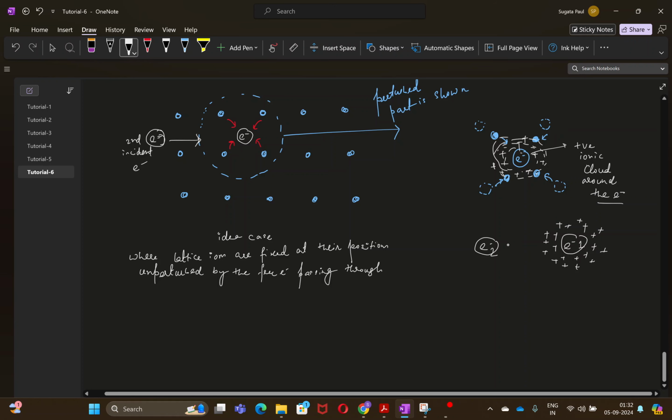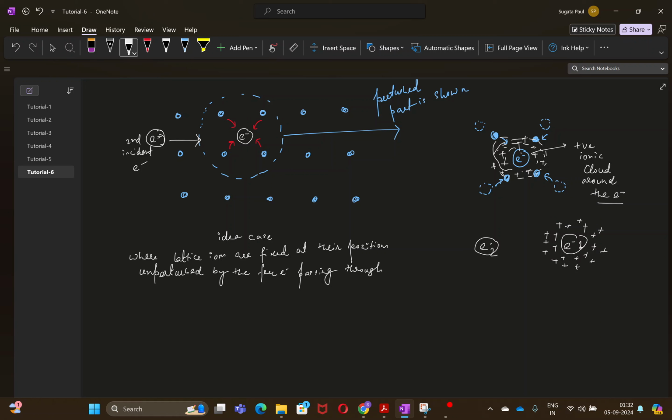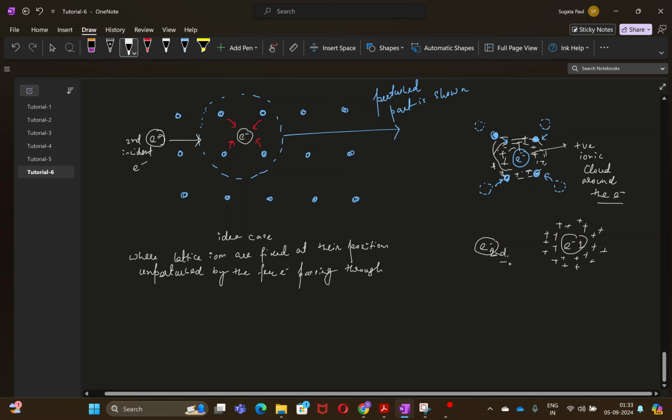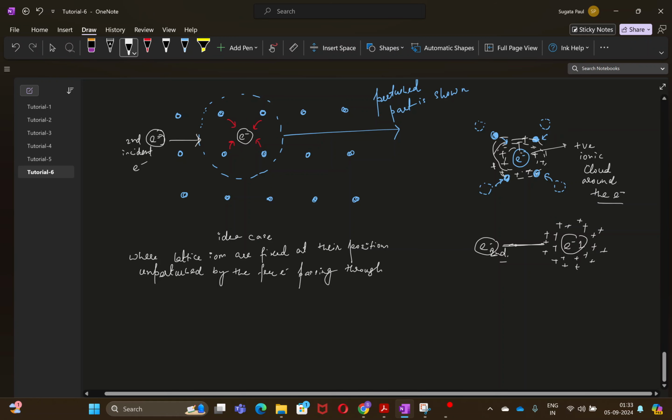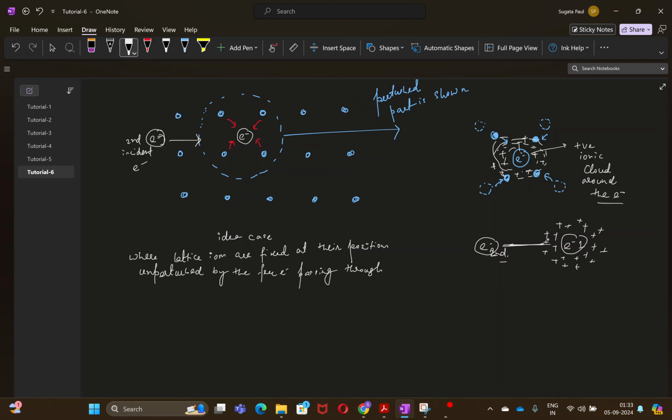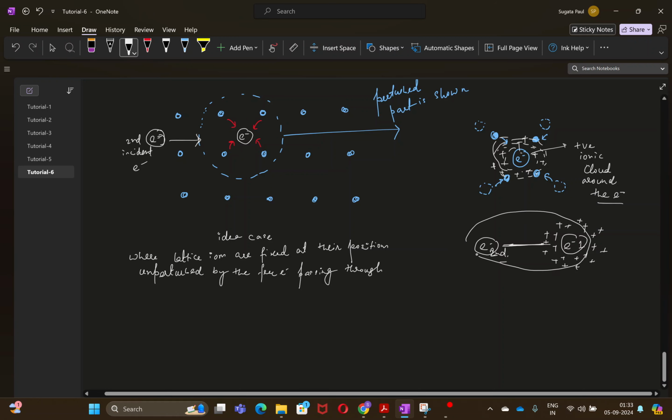Although you cannot distinguish electrons, they are identical quantum particles, for simplicity of the explanation I am writing 1 and 2. The first electron has caused the lattice disturbance by causing this positive ion cloud around it, and the second electron has just come into the picture in the next scenario, and it is seeing not this electron directly, but through a positive ionic shield around it. So it will be attracted to this electron indirectly through this positive ionic cloud, and the two of them will make a pair.